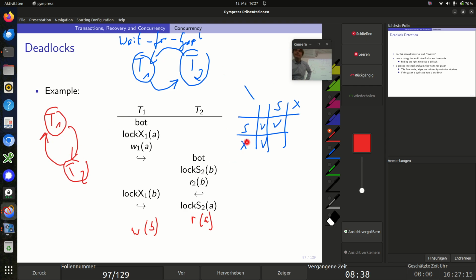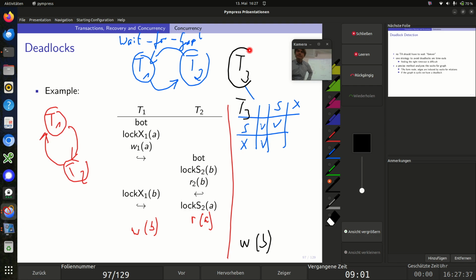It would be visible if we would add a third transaction. For example, if we have a third transaction, maybe it also wants access on B. So then in the wait-for graph, T3 waits on B, which depends on both T1 and T2.